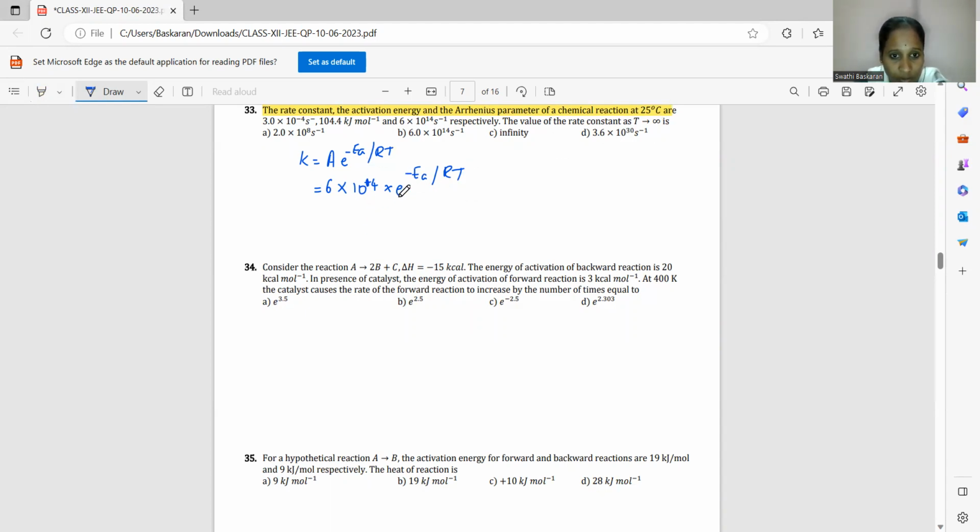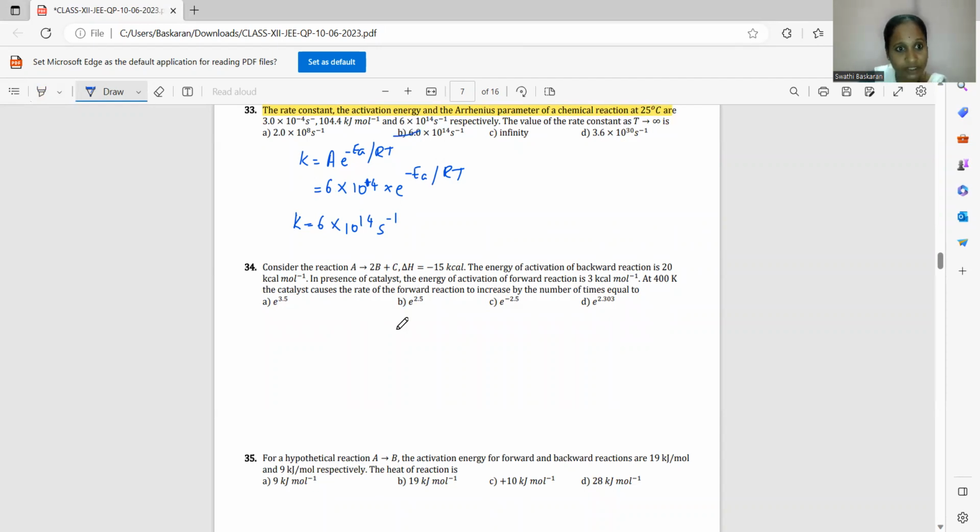Why it will become equal to 1? Because when T is infinity, this term, that is Ea by RT, will become 0. E power 0 is equal to 1, and hence K will become equal to the value 6 into 10 power 14, that is second inverse, and hence the correct option is option B. Option B is correct.